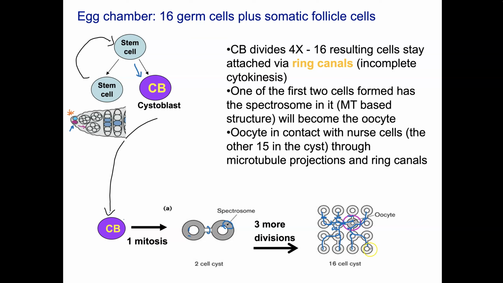And these are nurse cells, and a lot of the materials that they contain are transported, directed into the oocyte, and in most cases, not all, but in most cases they are directed along these microtubules. So they're attached to motor proteins that take them towards the source of the microtubules.